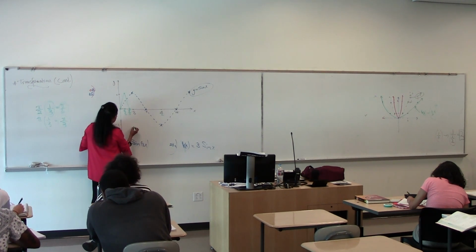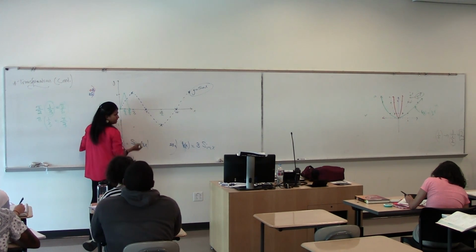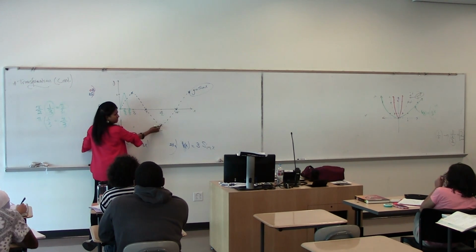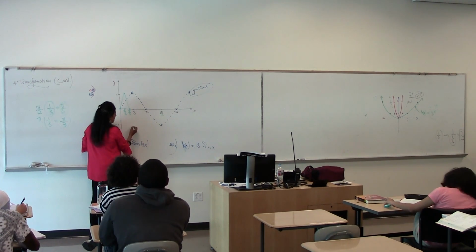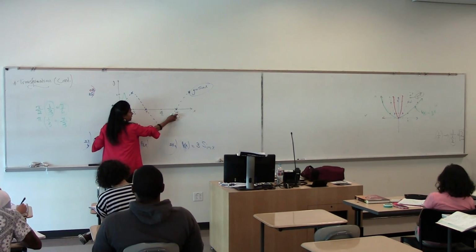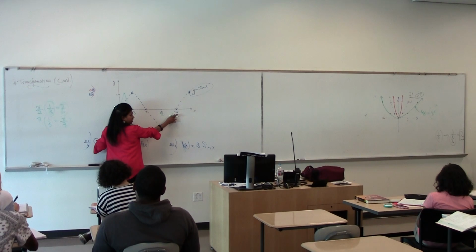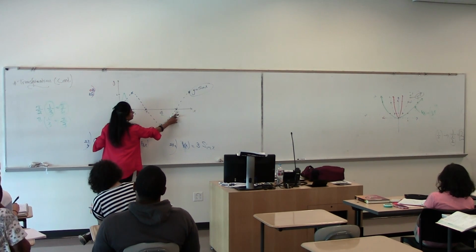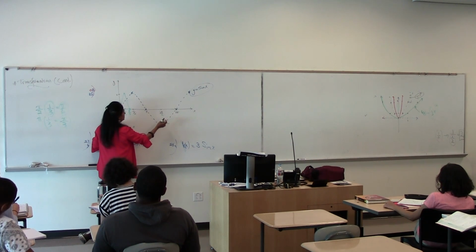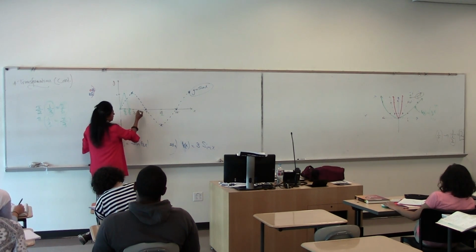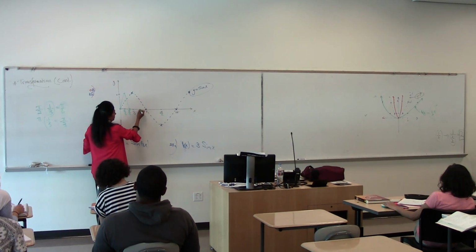It goes to -1. The y coordinate is -1, so keep the same -1. This one, at 2 pi, the x coordinate multiplied by 1/3 gives 2 pi over 3. 2 pi over 3 is here.